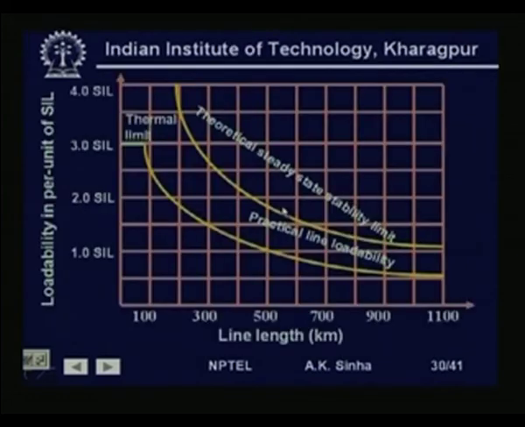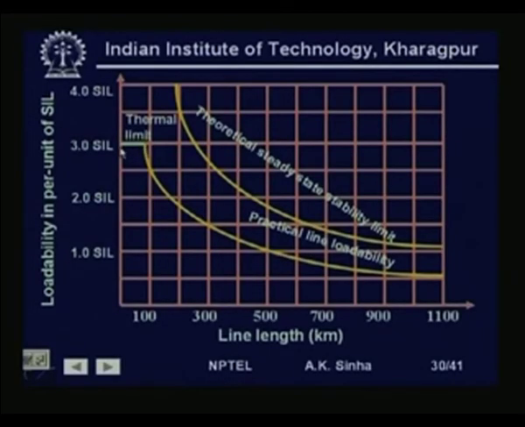And if we plot this curve, we will get this curve like this. This is the theoretical one, whereas the practical one will be much lower, because we normally work at an angle delta of around 30-35 degrees only, not beyond that, normally between 20 to 30 degrees.